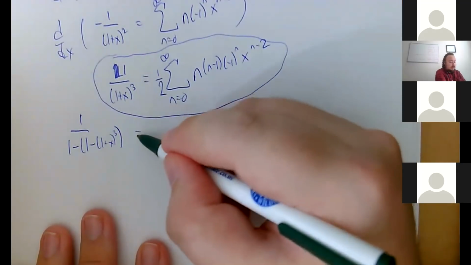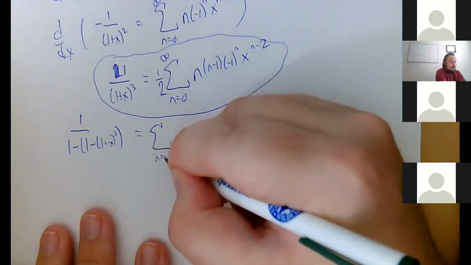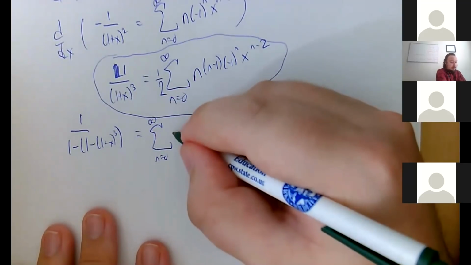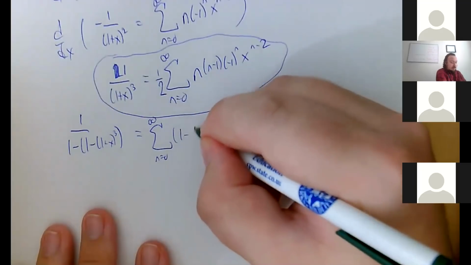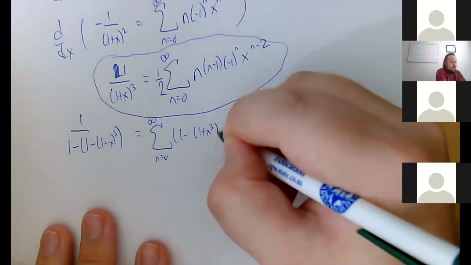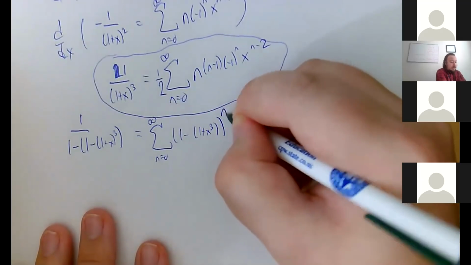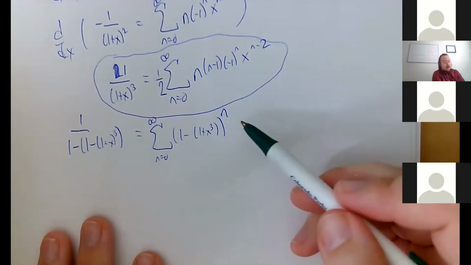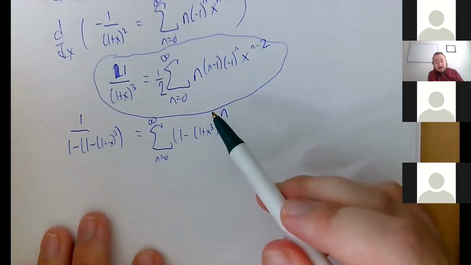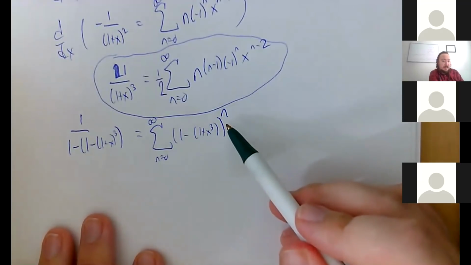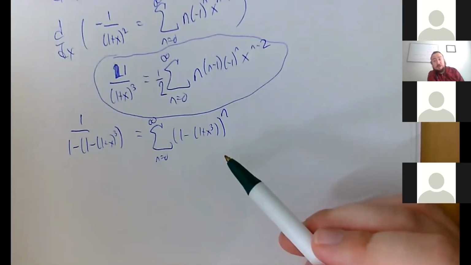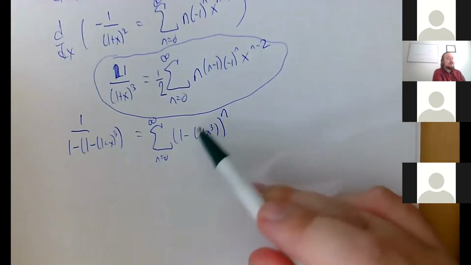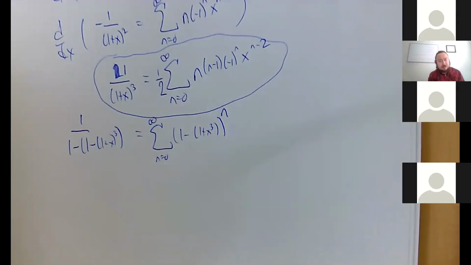Yeah, in theory, we could do that. And there's no reason to say that this equality isn't true. But the problem is that this isn't easily identifiable as any of the other series that it's also equal to. So this is correct, but it's not particularly useful.